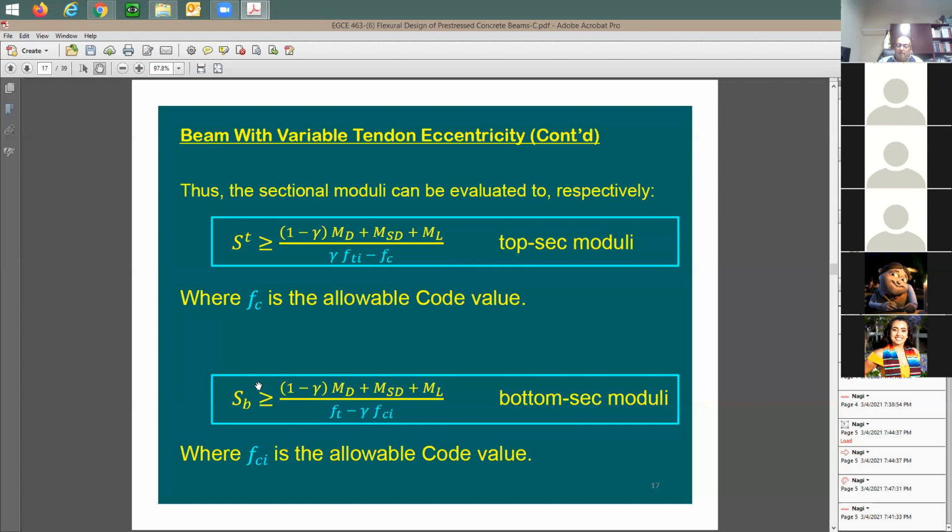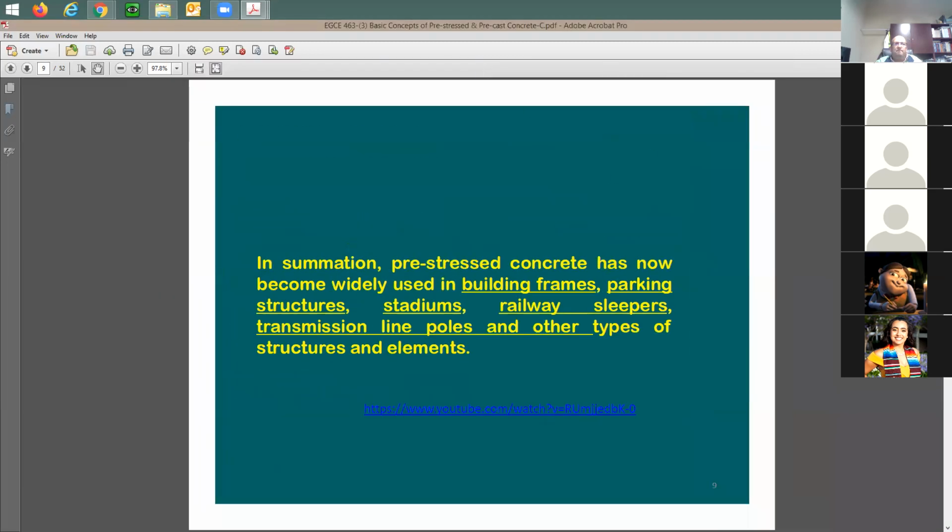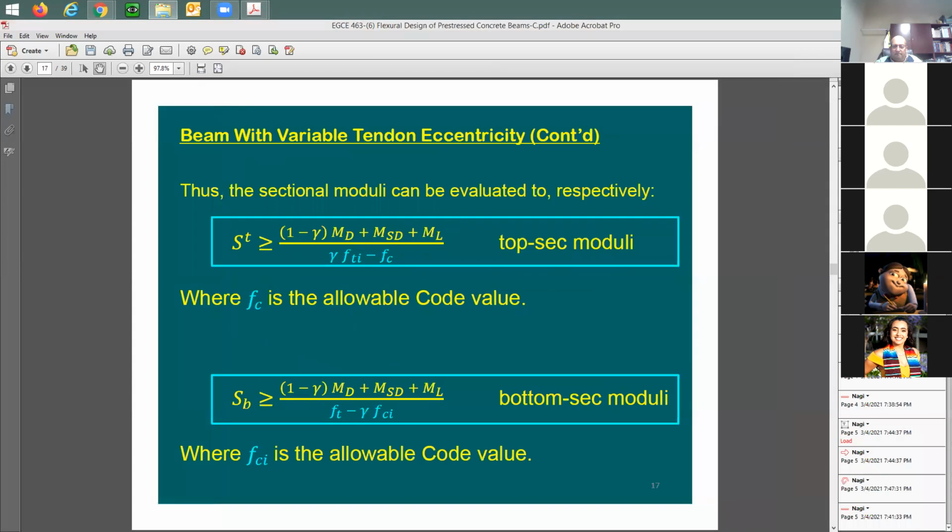So I had a question about the ST and SB. In one of the slides from earlier in the semester, it says ST equals 1 over YT. Which slide set? It's in one of the first ones, the reinforced concrete design review.